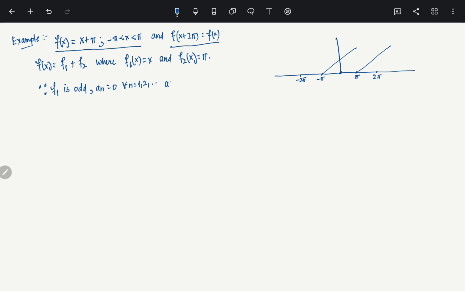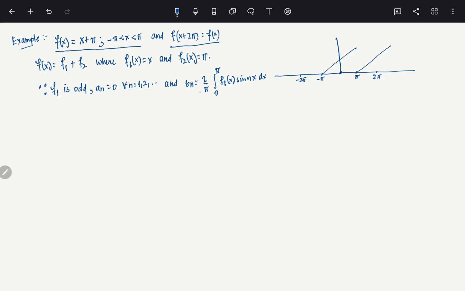And what about the bn part? Bn's are nothing but, so in this case, it will be 2 by pi, 0 to pi, right? f1 of x sine nx dx. I hope you understood why it is 2 by pi.